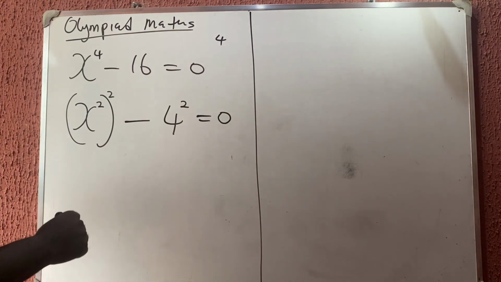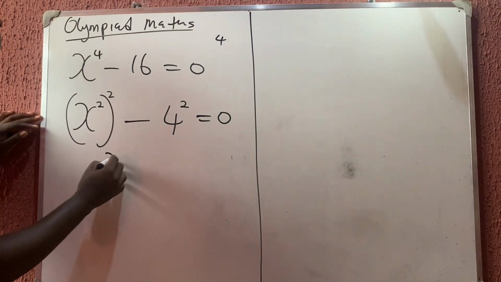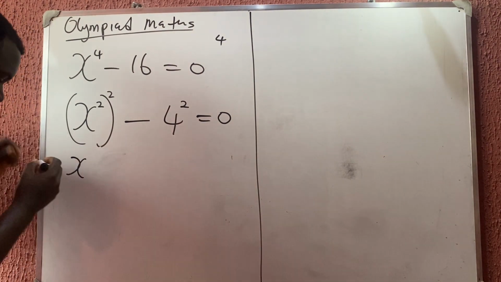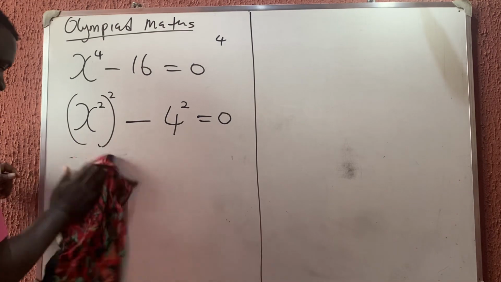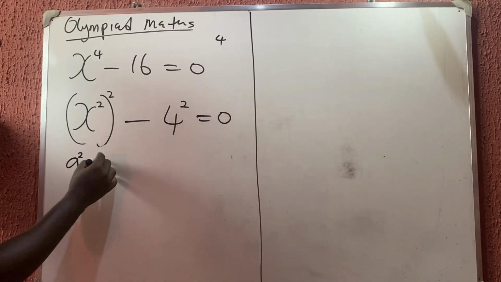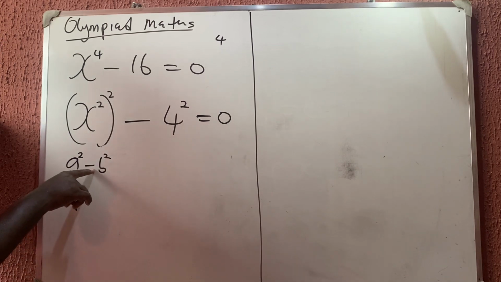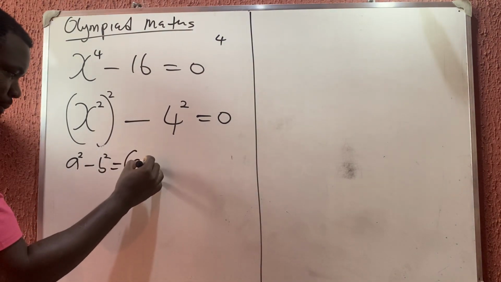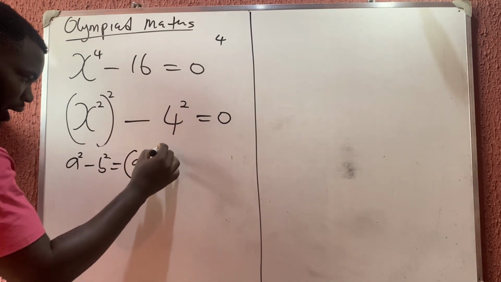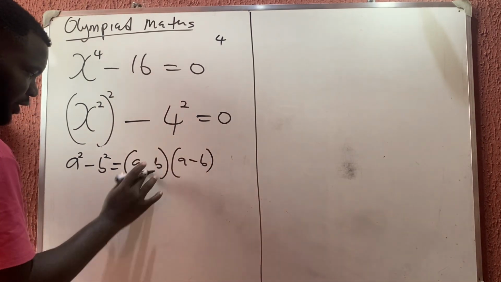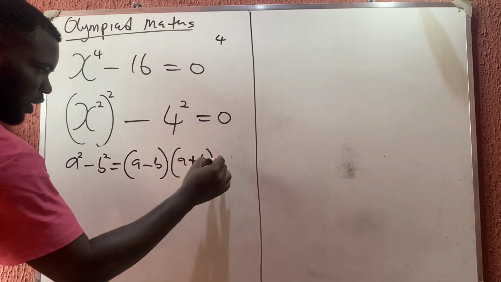Now, if you remember, according to mathematics, if I have x squared, let me use another alphabet instead of x. If I have a squared minus b squared, this is the difference of 2 squares, and the answer is simply a plus b and a minus b, or you can say a minus b times a plus b, any one you like.